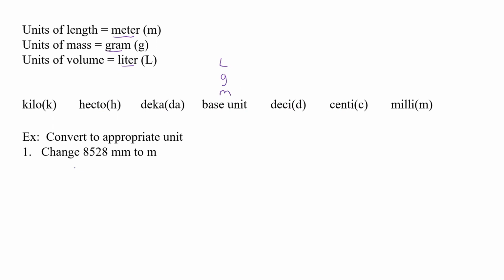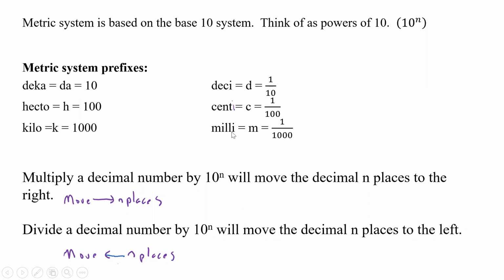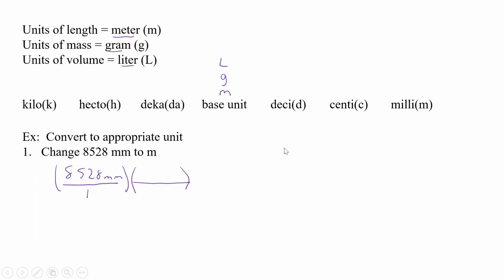So let's think about this. Here we have 8,528 millimeters, and we want to convert to meters. Well, we could do the unit conversion like we did before. We need to know how many millimeters are in a meter, and there's 1,000. So 1,000 millimeters is in 1 meter.